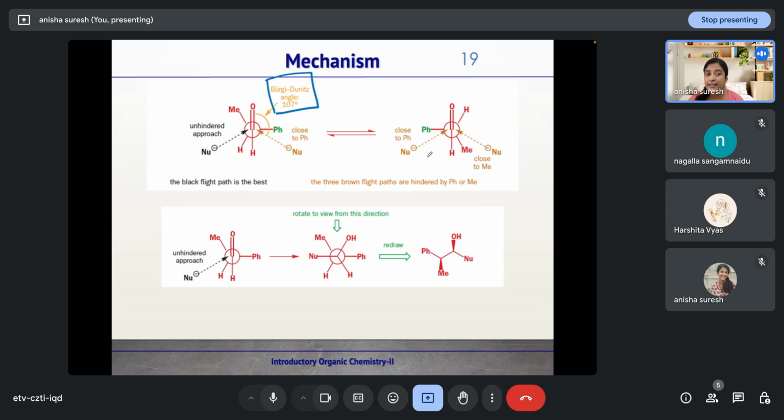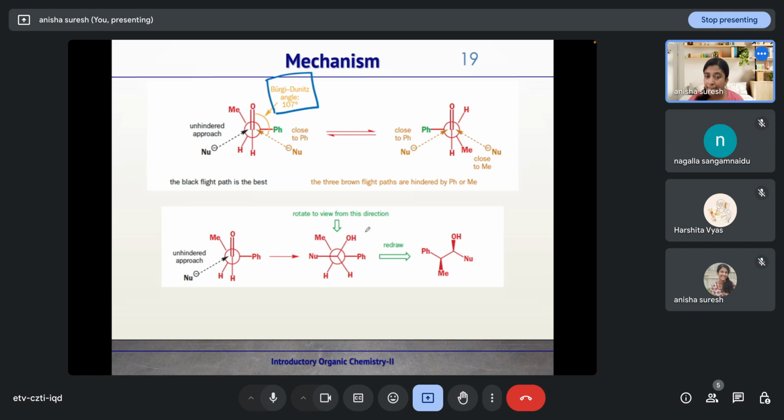So in both cases it will be having steric hindrance. So this path is considered the best flight path for the attack, where there will be an unhindered approach. So the nucleophile will attack from this direction. So we will get this compound.